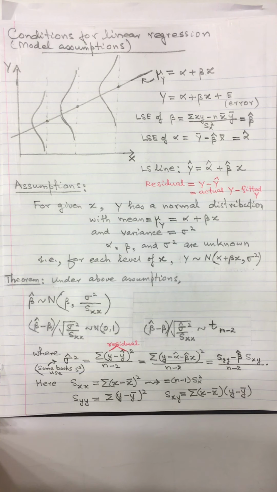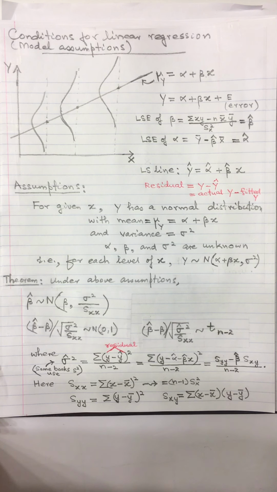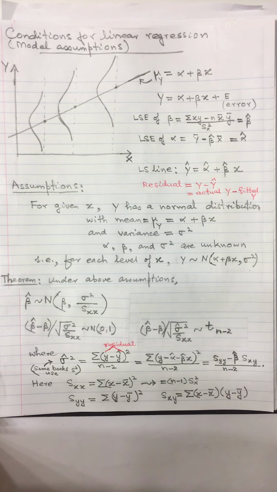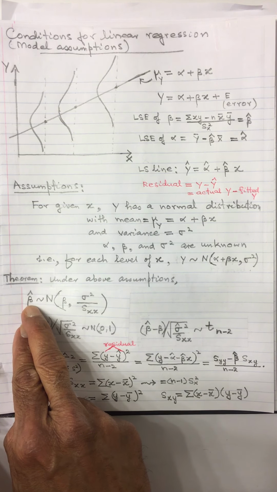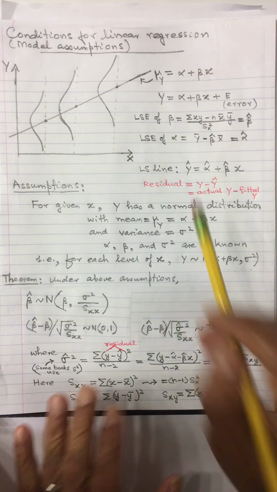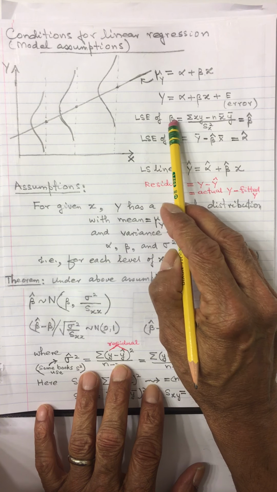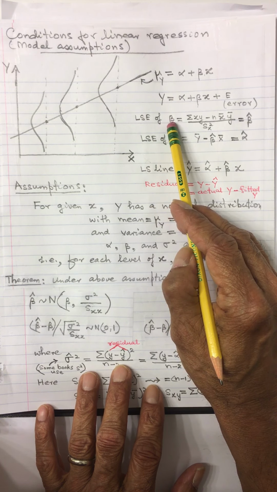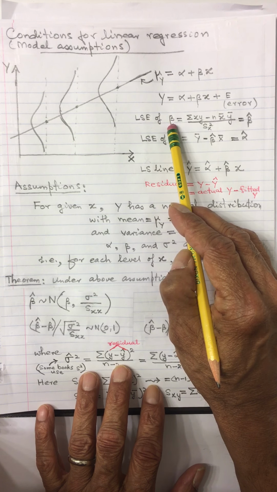I'm going to do it in a very summarized way, because I really don't have time to do this one now. Under these assumptions, one can show that beta hat, the least square estimate, is what you have seen before as b, the least square estimate of b, which is the least square estimate of beta.